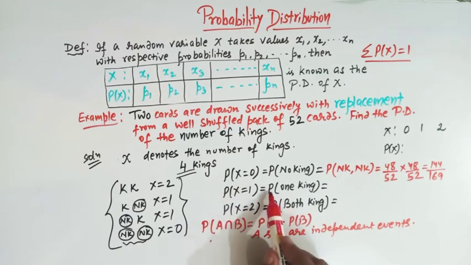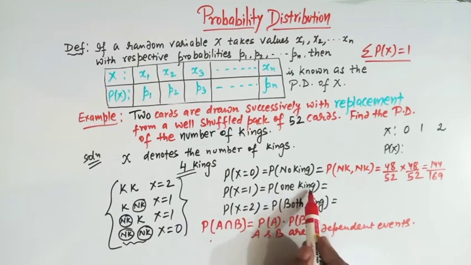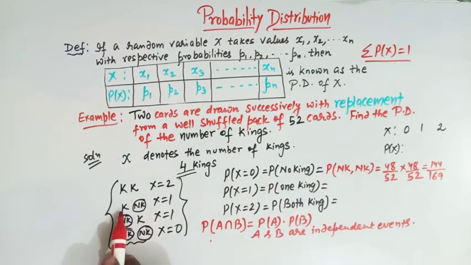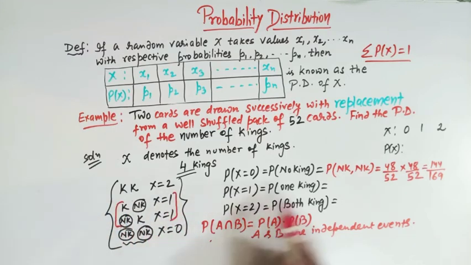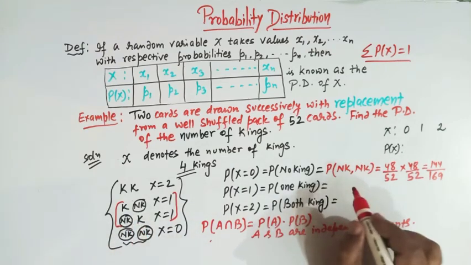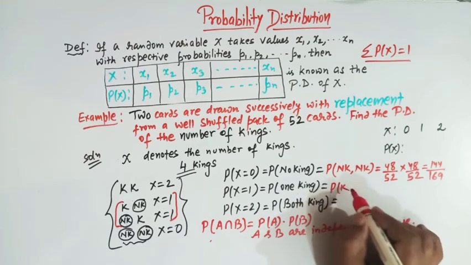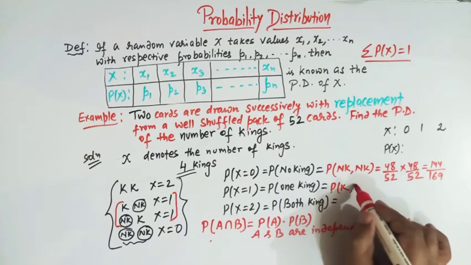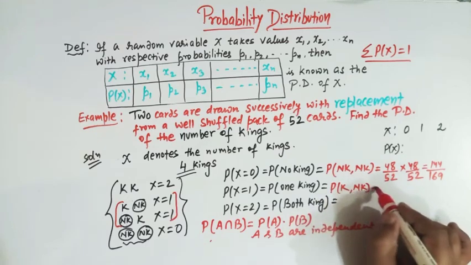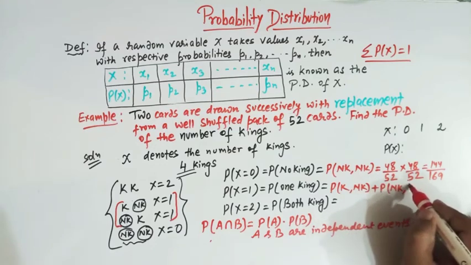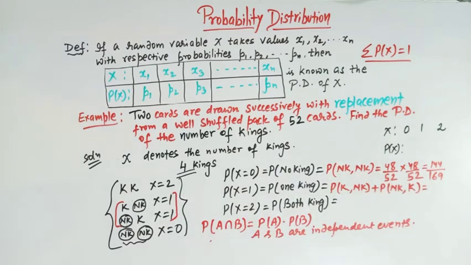Now come to the probability of getting one king. One king can be obtained either in the first draw or in the second draw, so we have these two cases. So we can write this as P(K and NK) plus probability of (NK and K). Clear?